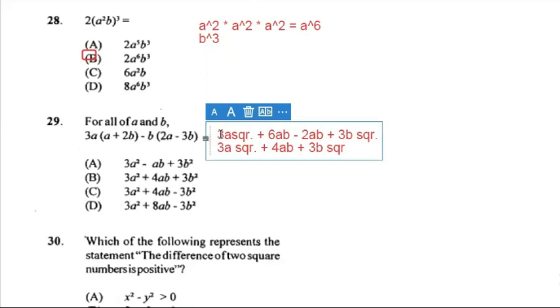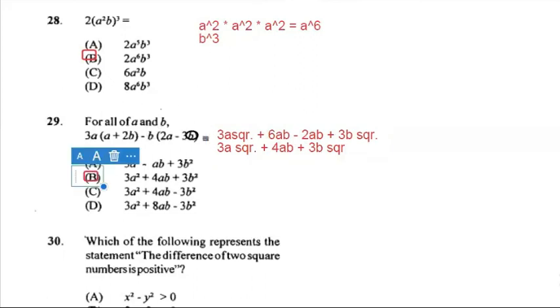So it is 3 multiplied by a equals 3a squared, then 3 multiplied by 2b to give us 6ab, then negative b multiplied by 2a to give us minus 2ab, and b multiplied by 3b squared to give us plus 3b squared. And then it's 3a squared plus 4ab. 4ab comes from 6ab minus 2ab plus 3b squared. So our answer for 29 is B.